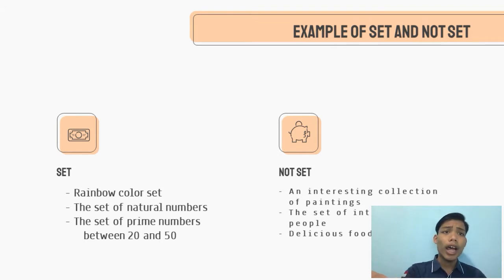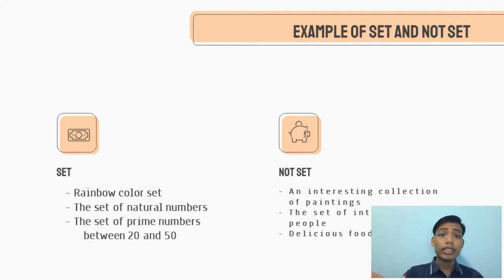And the second example is the set of intelligent people. Why? Because there is no defined measure to measure someone's intelligence. Because of that, the set of intelligent people is a not set.